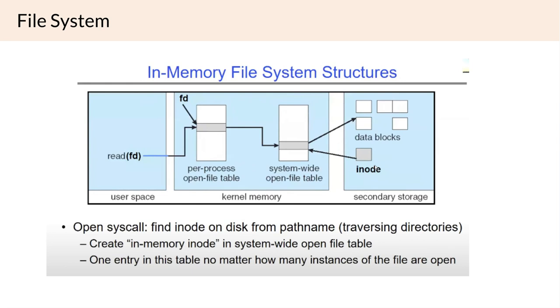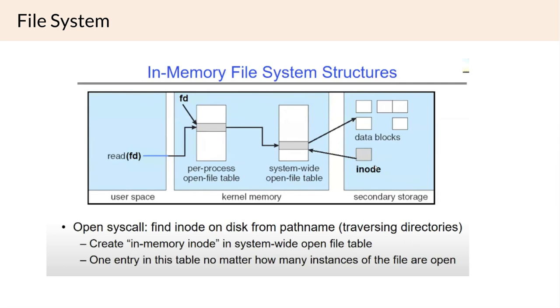Now, how can we actually translate a physical file path into a location on disk? Let's first go back to what we learned about file systems in Project 1, or rather, just files. So, for operations such as reading or writing to a file, our system relies on a per process open file table.